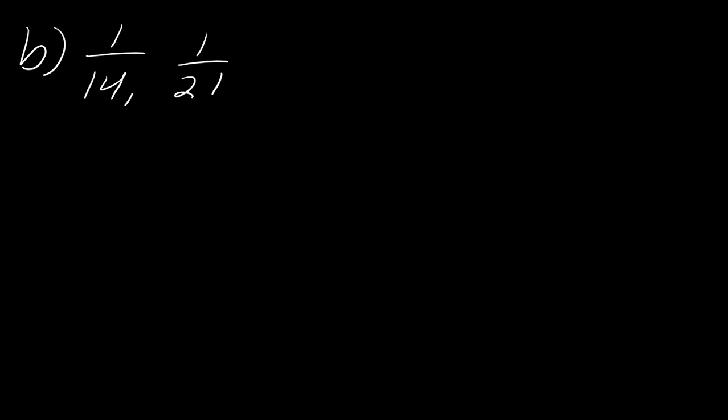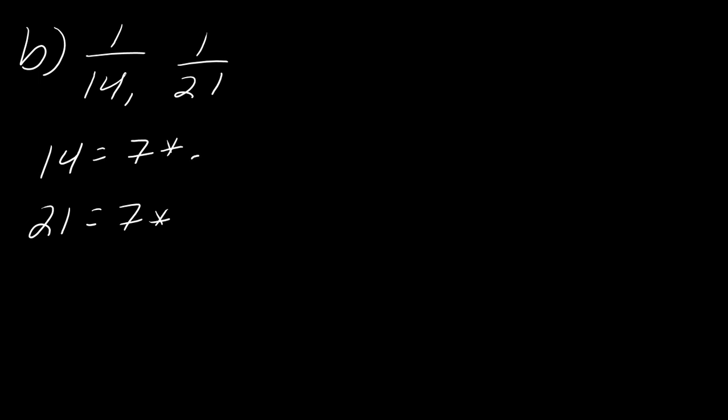So I've got 14 and 21, and I want to rewrite both of these. What's the largest number that divides into both 14 and 21? It would be 7 for both, right? Okay. Now I want to write 14 as a product of 7 times whatever we need. So 14 is 7 times 2, which is straightforward.